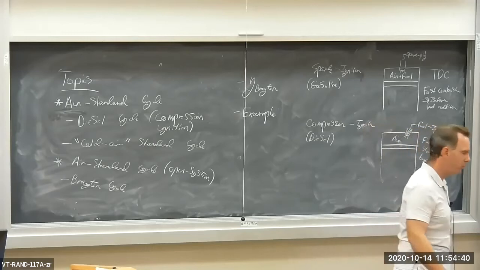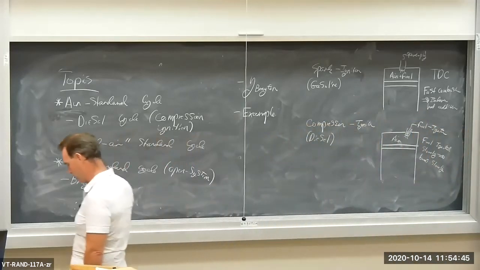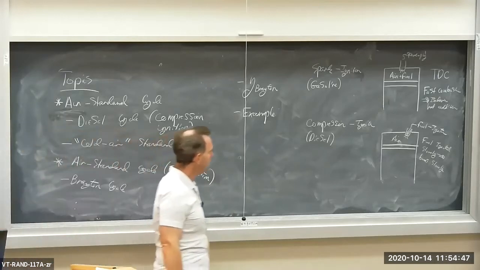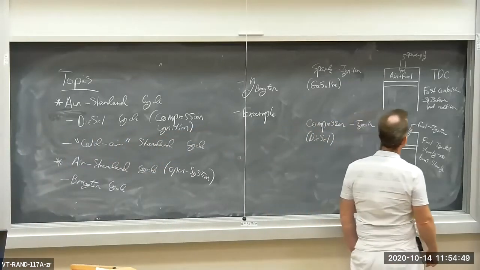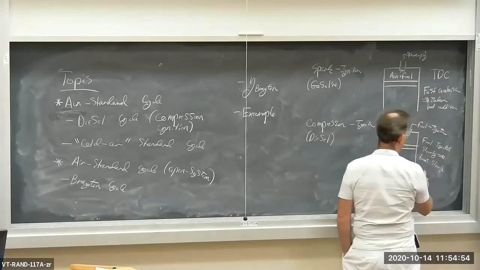Therefore, instead of assuming a constant volume, isochoric heat addition process as in the Otto cycle, we're going to assume a constant pressure heat addition process.